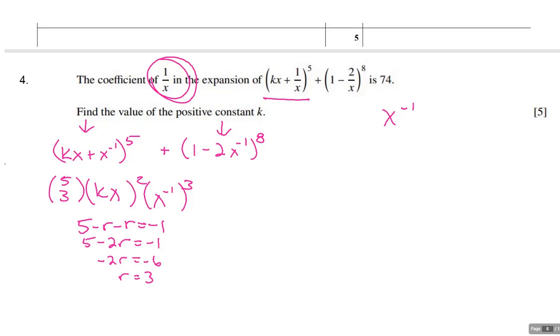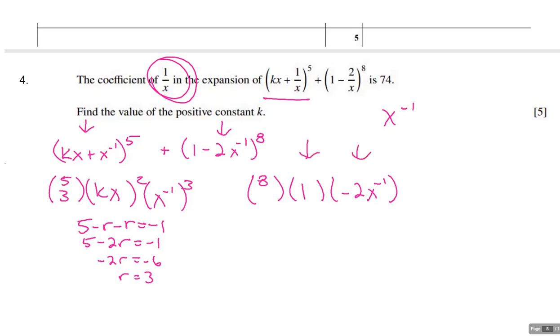Now take a look at the difference here. What's this combination going to be? 8, choose something. Then it's going to be 1. And then it's going to be negative 2x to the negative 1. Now notice how this is different. Are there x's in both of these spots? No. All right.